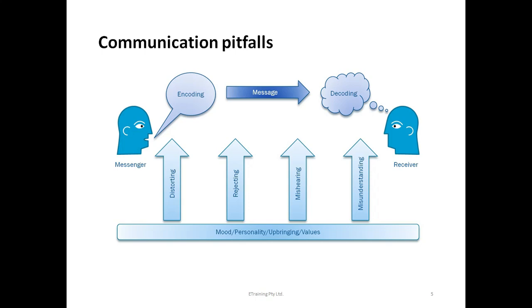There are certain things, like mishearing, rejecting, distorting, and sometimes misunderstanding. And I don't know what the receiver will receive at the end of the day. It depends upon the mood, the personality, the upbringing and the values.